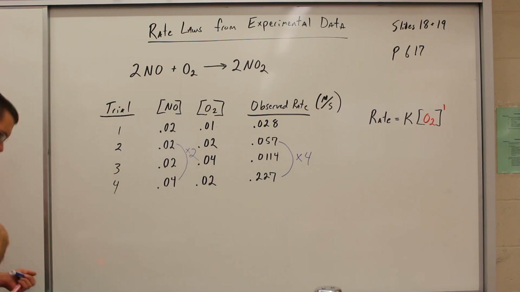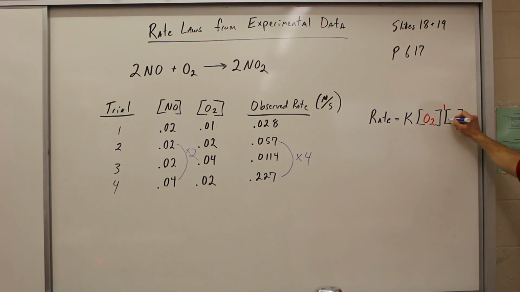So our rate law will include our nitrogen monoxide, but it is second order. It varies as a function of the concentration, doubly dependent, squared. Now that's our rate law.